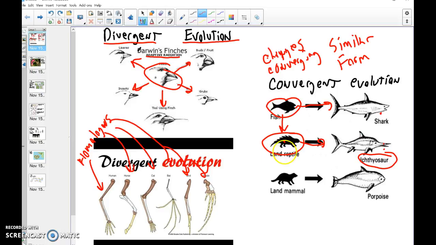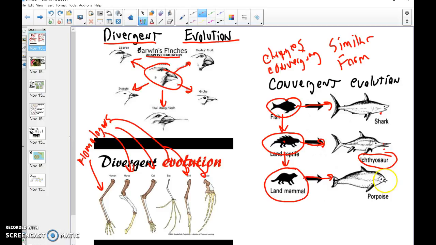And we can actually see a very similar thing here when we go to a land mammal, because this land mammal right here has evolved from a land reptile. All right, all mammals did. But some of these land mammals actually evolved into cetaceans, porpoises, dolphins, whales.